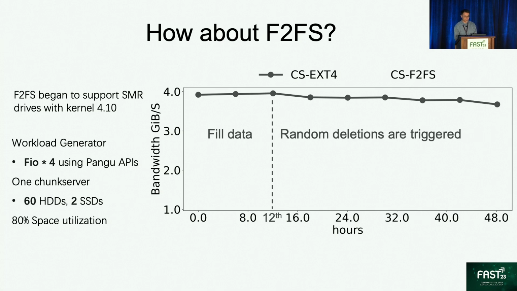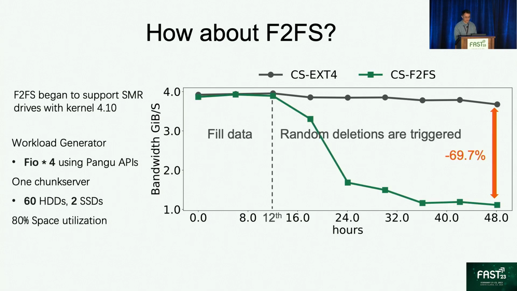The black baseline shows that random deletions have little impact on the performance of ext4 on CMR drives. Then we used F2FS to manage SMR drives. When random deletions are triggered, F2FS encounters up to a 70% throughput drop.